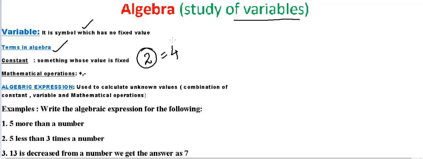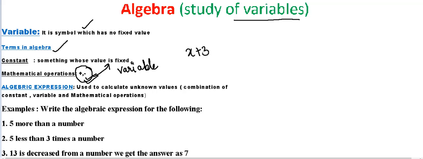The second term which comes in algebra is mathematical operations. Mathematical operations are basically the operations which are performed on a constant or on a variable. For example, x plus 3.